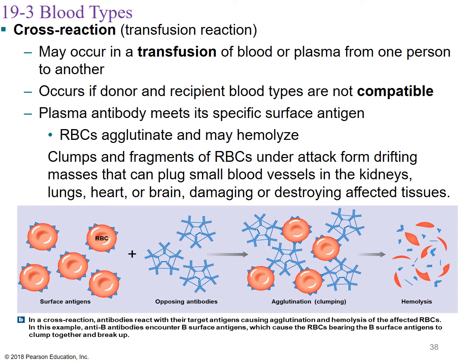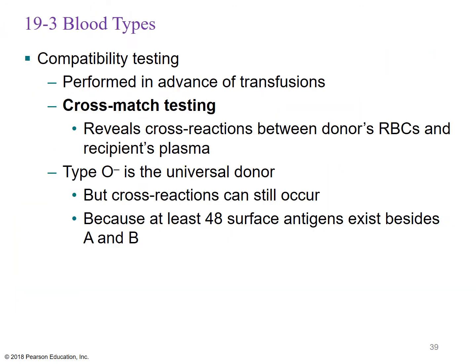Those anti-B antibodies don't like the B antigens, so they're going to go attack those B antigens. And whenever they do the attack, you can see here that everything is going to start to clump together, and then the red blood cells are going to hemolyze or rupture. So, not a good thing.